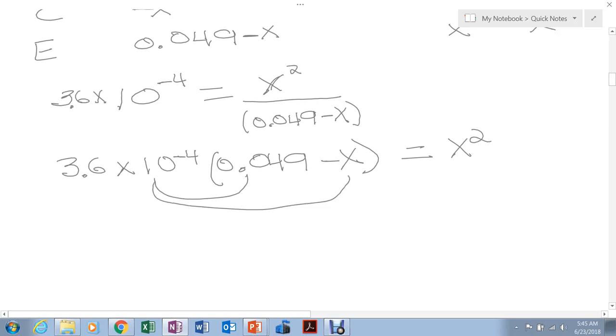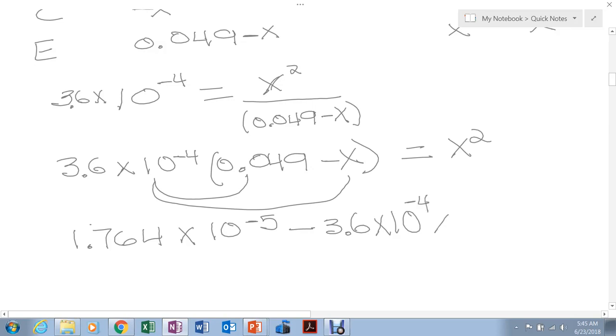So it's going to be 3.6 by 10 to the negative 4 by 0.049, which is 1.764 times 10 to the negative 5 minus 3.6 times 10 to the negative 4 x equals x squared.